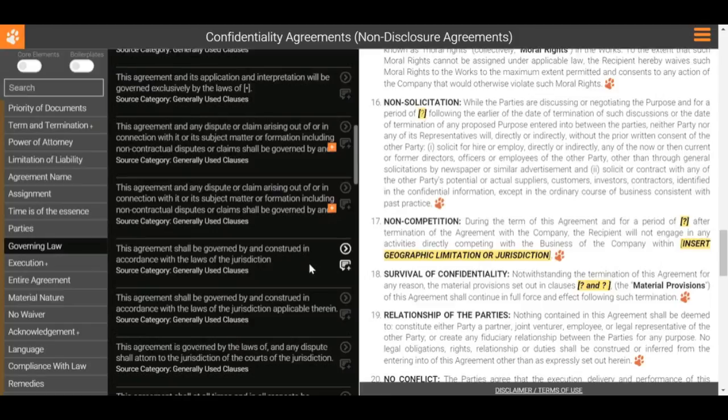Likely both parties will want the jurisdiction to be their home jurisdiction, and if they're in the same jurisdiction, that makes life easy for everyone. It's when the parties are in different provinces or states or countries where this can be a lot more hotly negotiated.